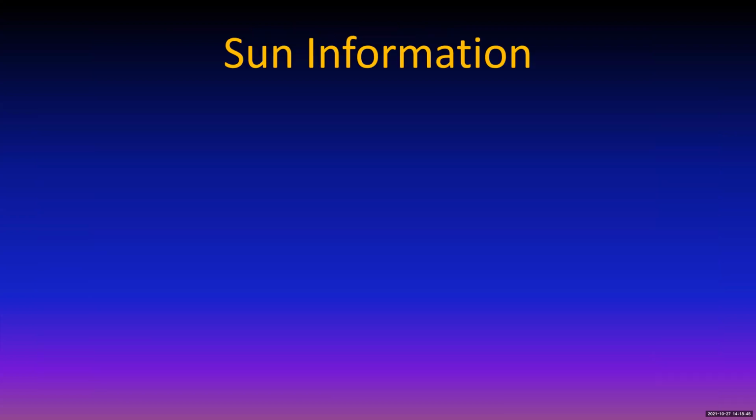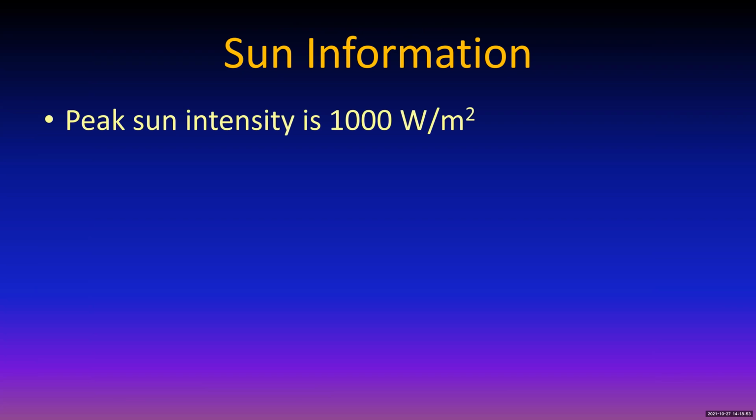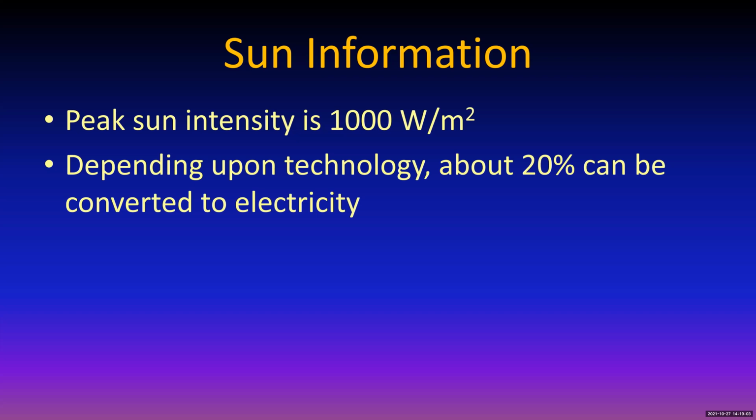Okay, well, let's talk a little bit about the sun, because after all, that's what we're depending on to make this energy for us. Peak sun intensity is about 1,000 watts per square meter. That's at sea level when the sun's directly above. Depending on technology, about 20% of it can be converted to electricity.